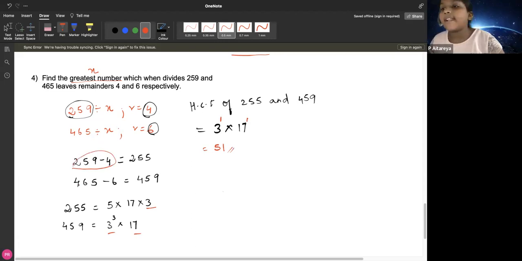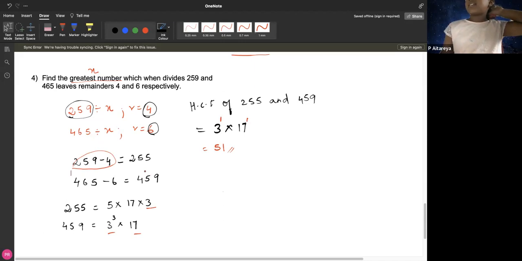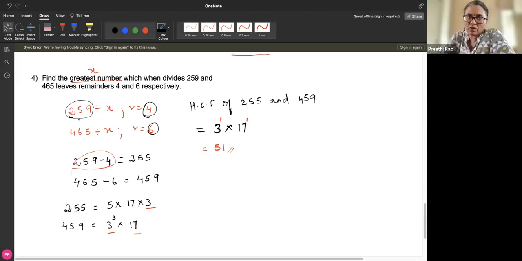Ma'am, can I tell? Yes. Ma'am, because it will not have a remainder. The remainder will be 0 and we can find the exact number. So we know that the number we are looking for, x, does not divide 259 exactly. It gives a remainder of 4.